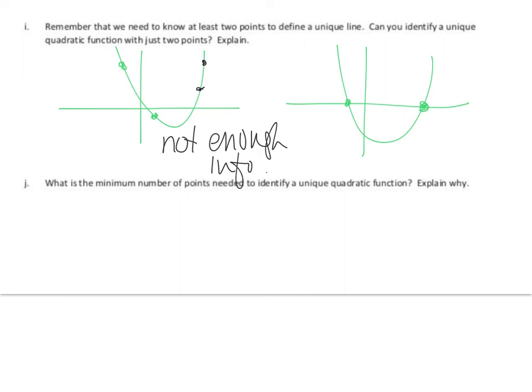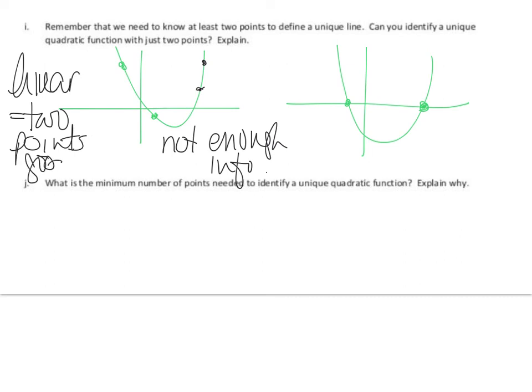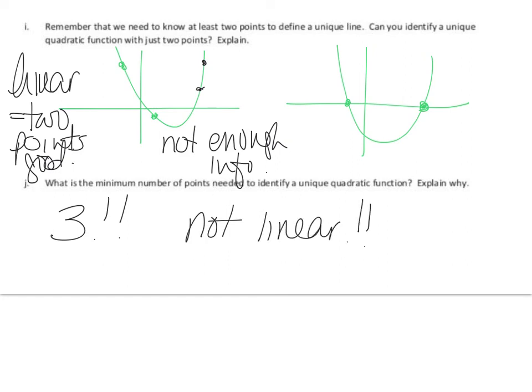For a linear equation, 2 points is good. For a quadratic equation, you actually need 3 distinct points, and those points cannot be linear. All right, so I need 3 points, not linear.